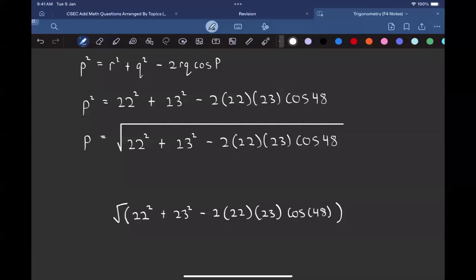Open bracket 48, close bracket. Press equal now. I get 18.32, but if I round it off I'll get 18.33, I think.